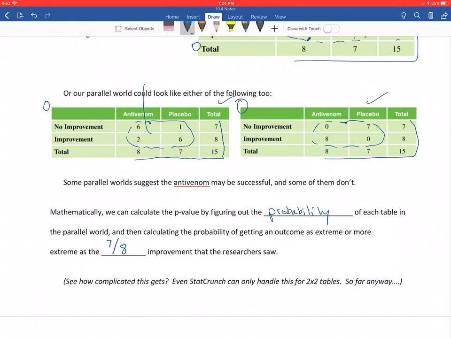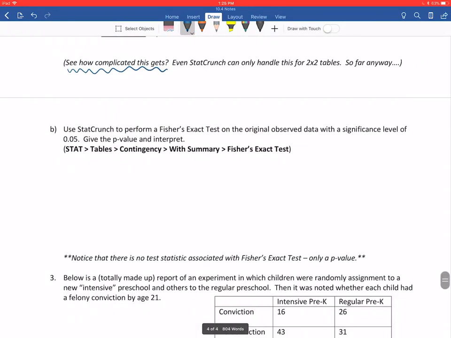If I've lost you a little bit, that's okay. All I want you to get out of this is that it gets really complicated. There is a lot going on. Every possible parallel world scenario has to be taken into account, and it snowballs out of control really quickly. So even StatCrunch will only do this for 2x2 tables so far. Okay, let's go ahead and move on.